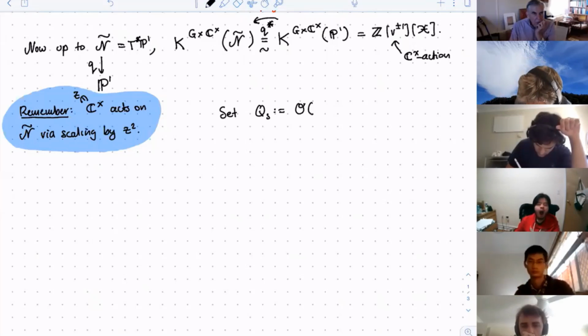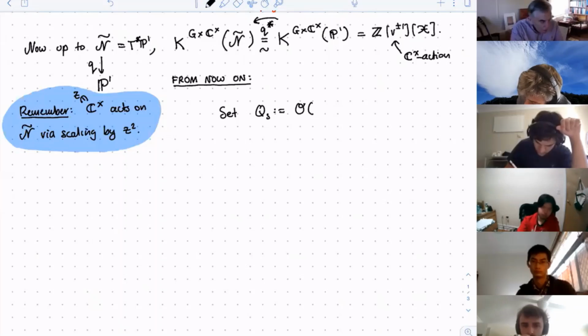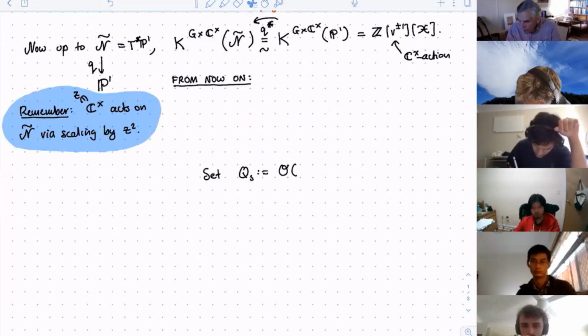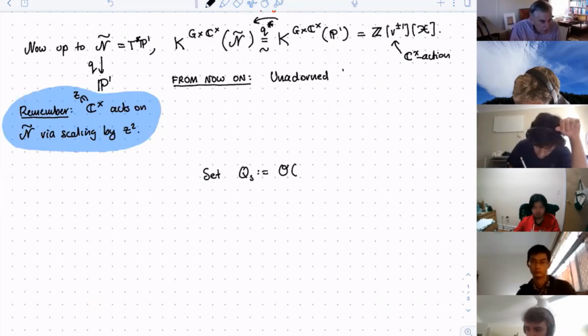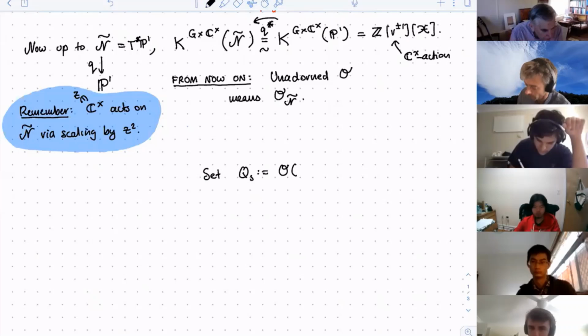Okay, so that's my identification, and we set, so from now on, unadorned O means O of n tilde.